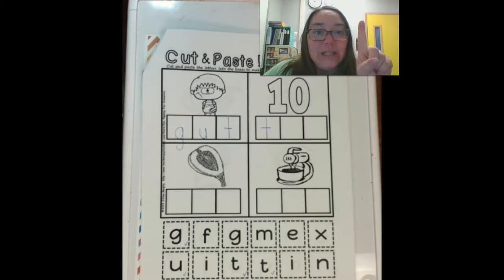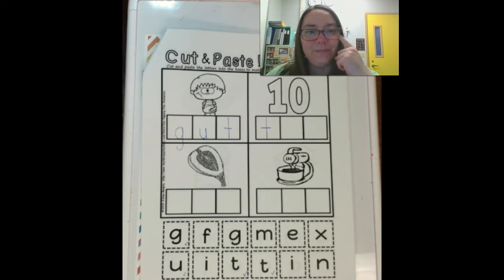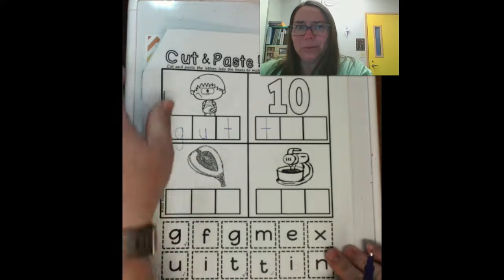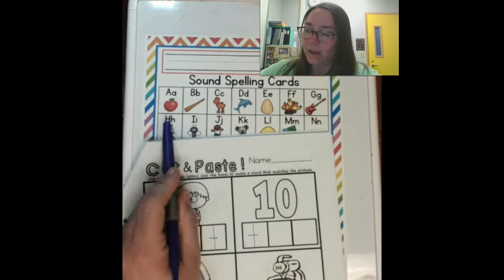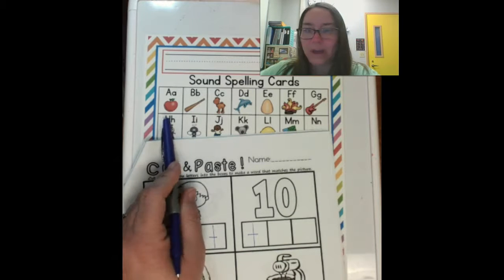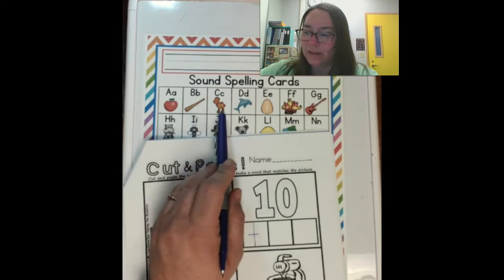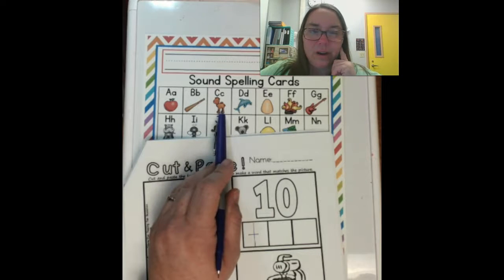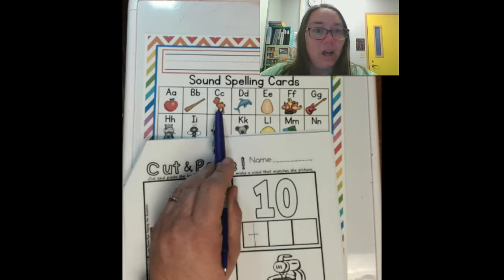Ready? T, eh. Those are tricky. That's one of those tricky vowels again. Let's peek. A says a. B says b. What am I listening for? Oh yeah, eh. C says k.